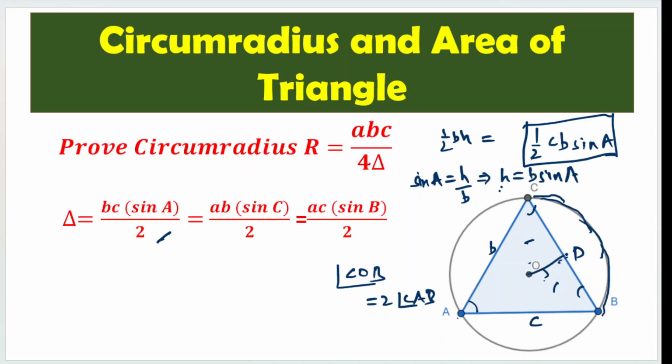So far we have proved that if we draw a perpendicular, then this is A and this is also equal to A, and this is the radius R and this is radius R.